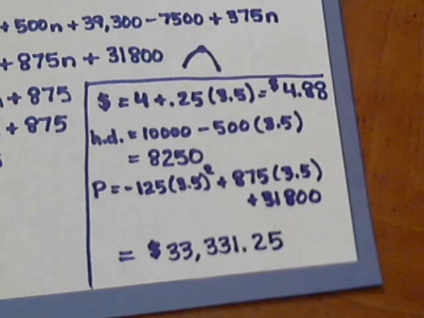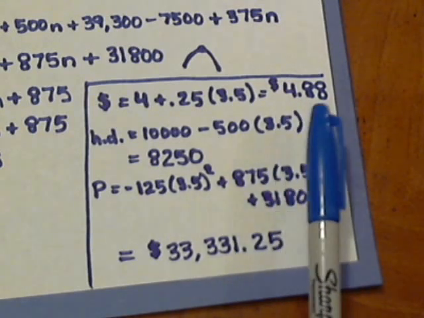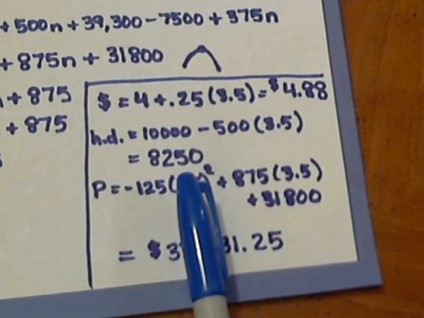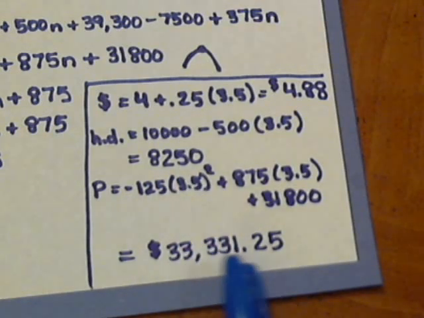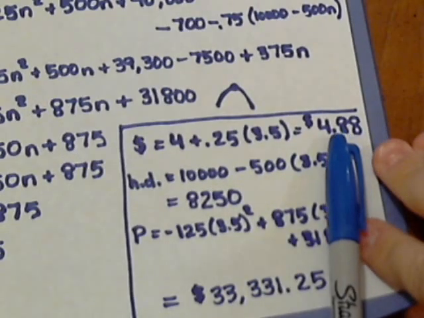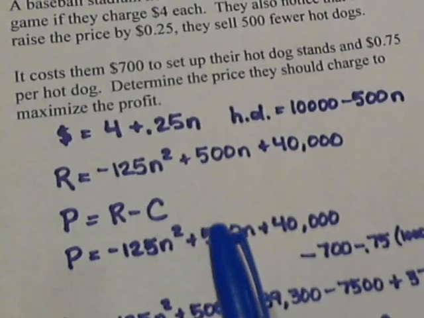Now, if you remember the problem we did with maximizing the revenue, we got a lot lower number here, which seems kind of unusual if we're going to charge more. Well, we are going to charge more. We are going to lose some hot dogs, so that balances out. But the reason why this is so low is we're using profit this time. Not only do we have to worry about how much money we're making, the $488 minus the $82.50, but now we've got bills to pay.